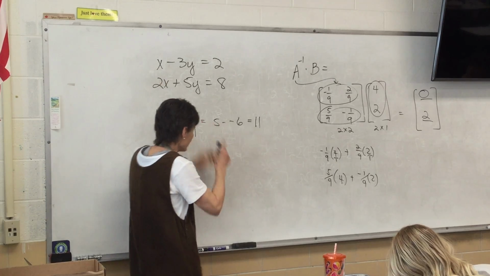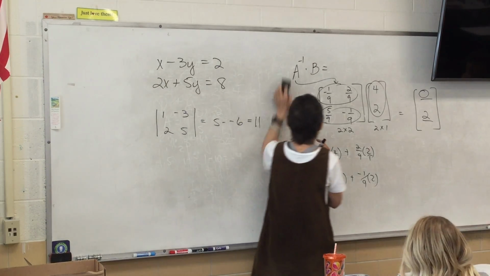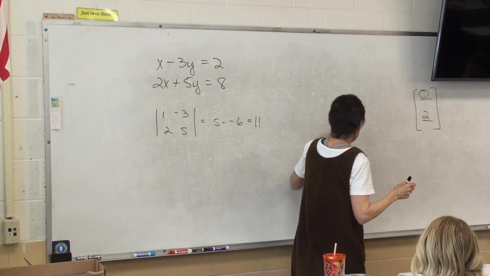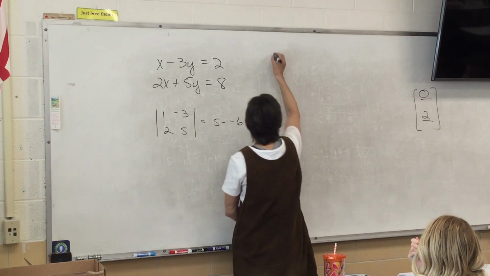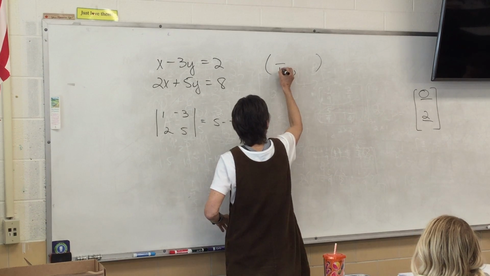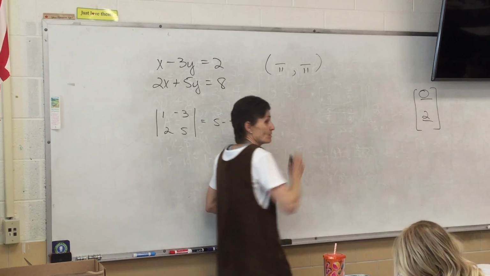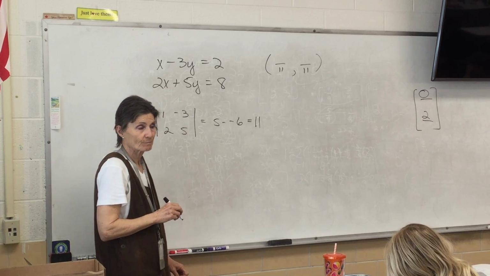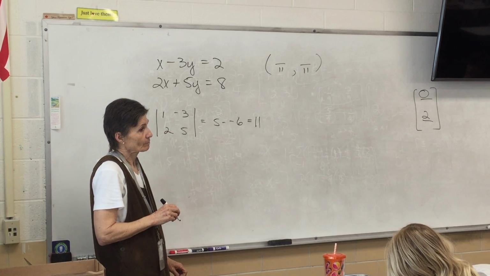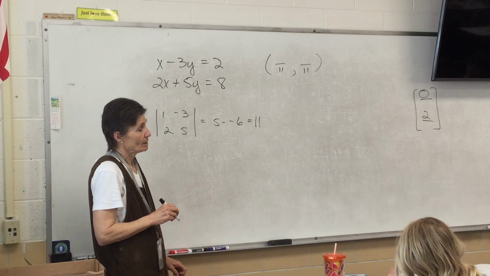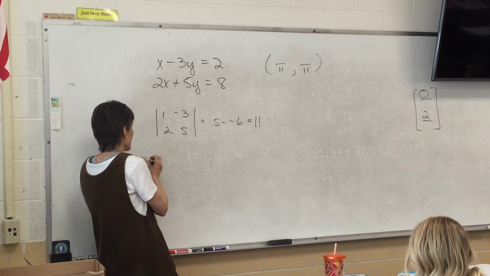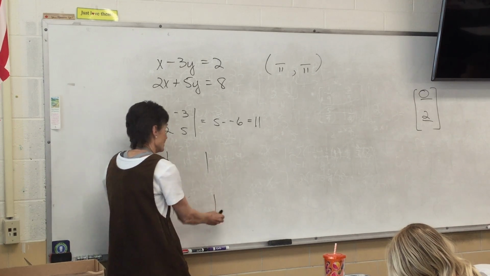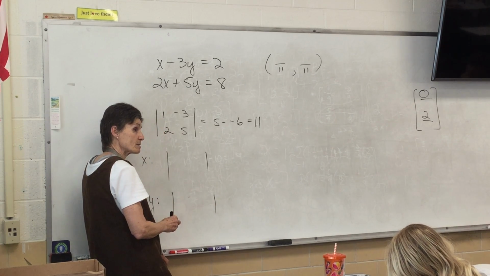And I am looking for an ordered pair, just like I was with the inverse method, or substitution or elimination. And I know that for that ordered pair, the denominators of x and y will be 11. And then the numerators are 2 more determinants. Remember how that works?